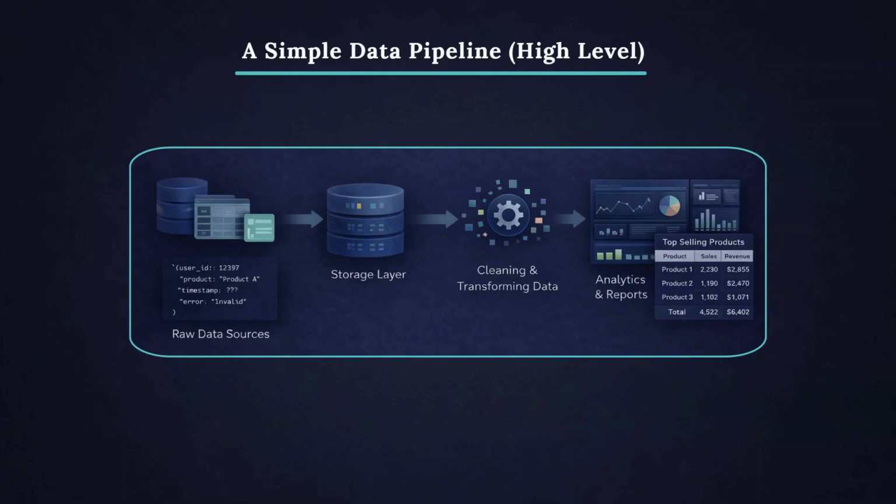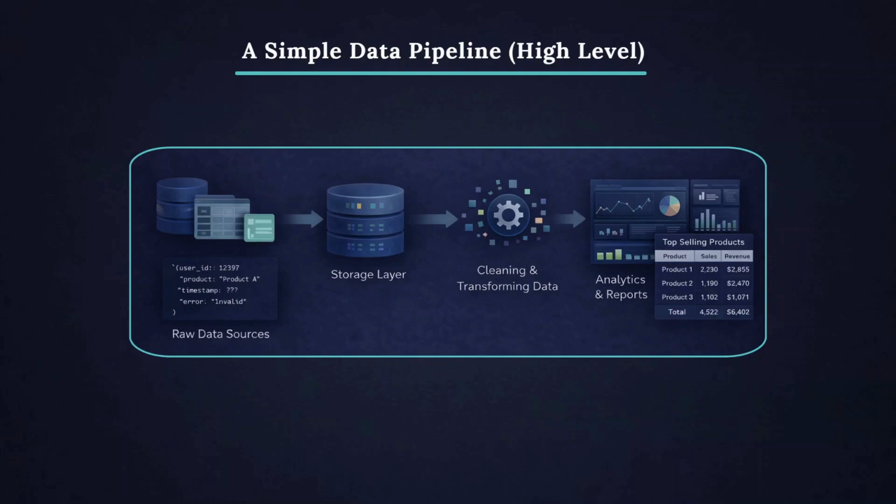So finally, the data has been cleaned and organized after the transformation layer, and now this data can be used to build reports and dashboards. And analytics or business teams can actually rely on this. At this stage, teams can trust the data and use it to answer their business questions.